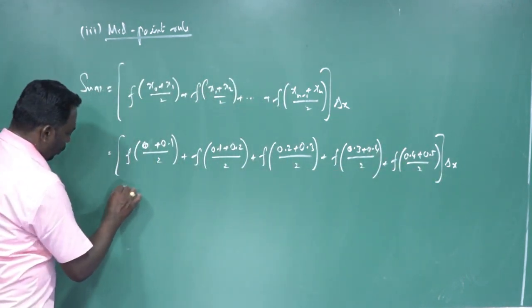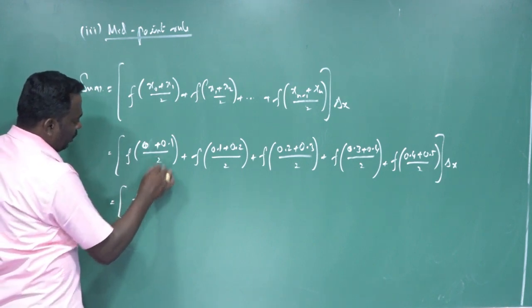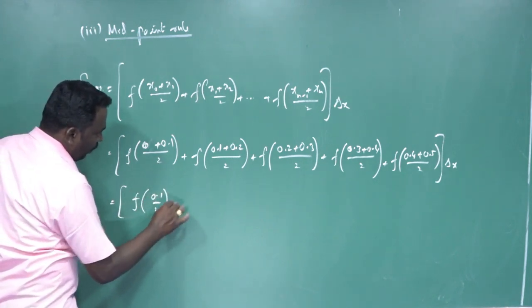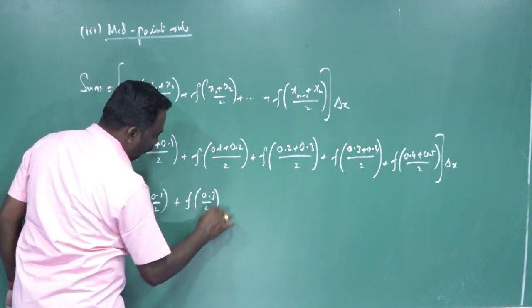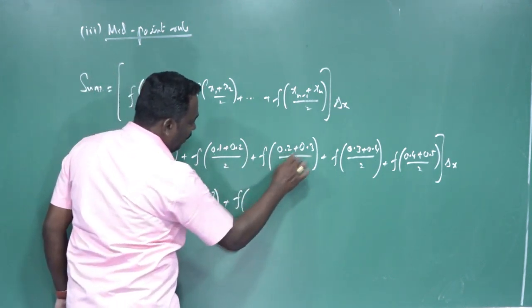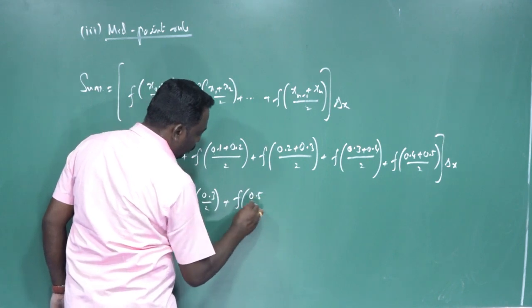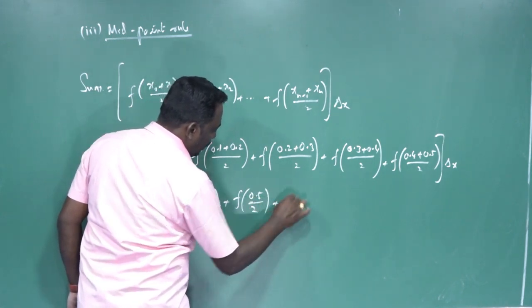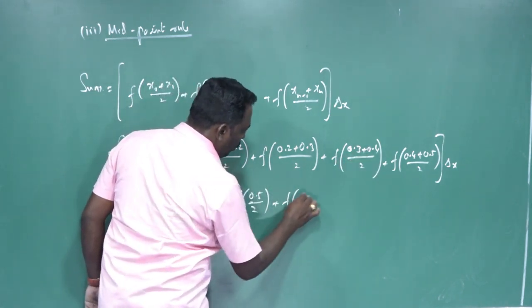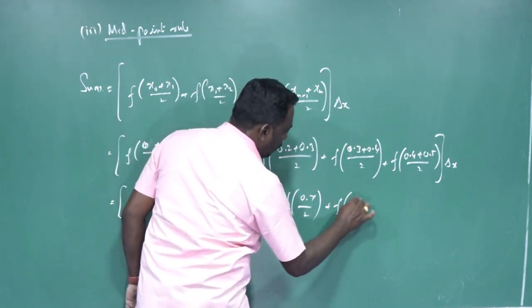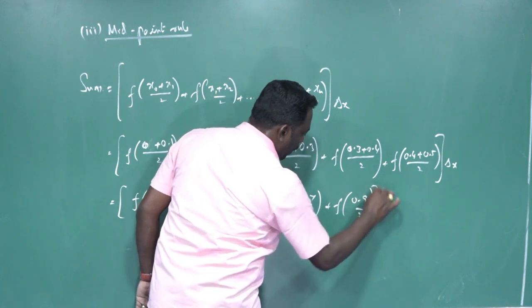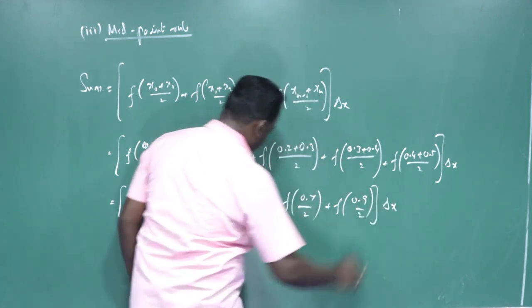Now that is equal to the function of 0.1 by 2 plus f of adding the value 0.3 by 2 plus f of adding the value 0.5 by 2 plus f of adding the value 0.7 by 2 plus f of 0.9 by 2, into delta x.